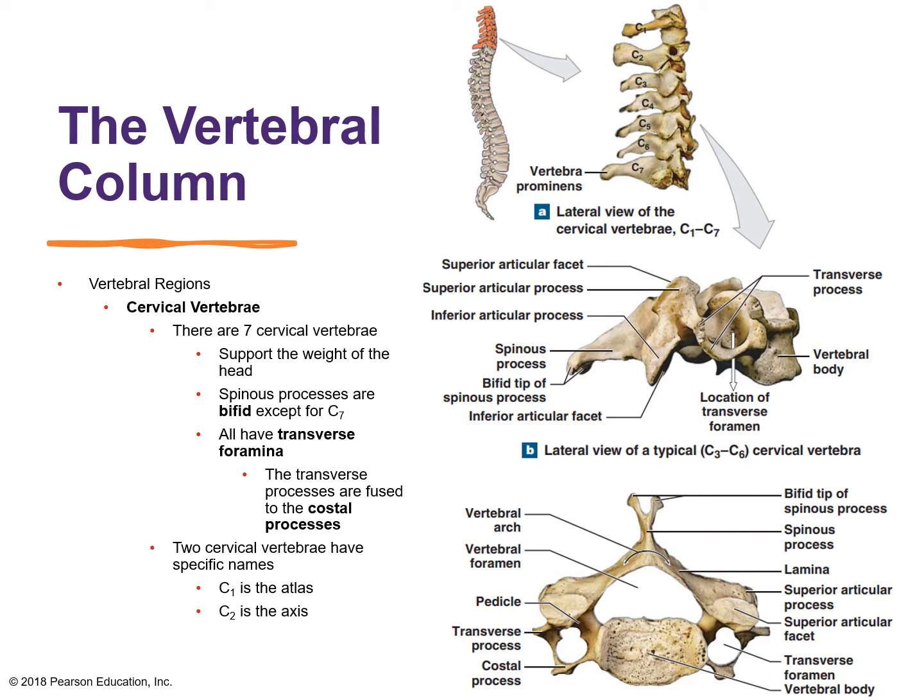The cervical vertebrae support only the weight of the head, so the vertebral bodies can be relatively small and light. As you continue more caudally along the vertebral column, the loading increases and the vertebral bodies gradually enlarge.